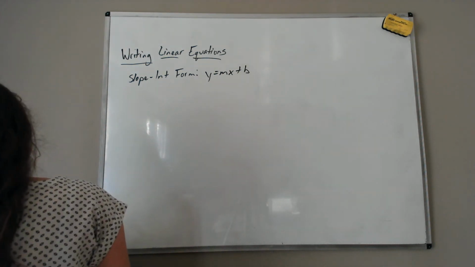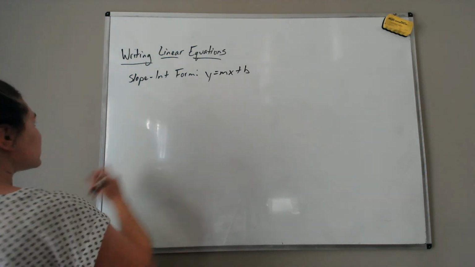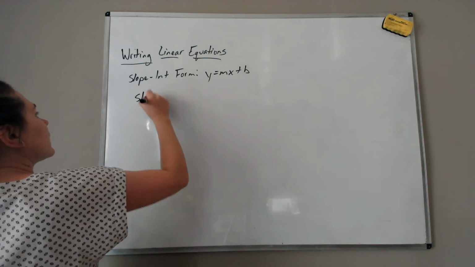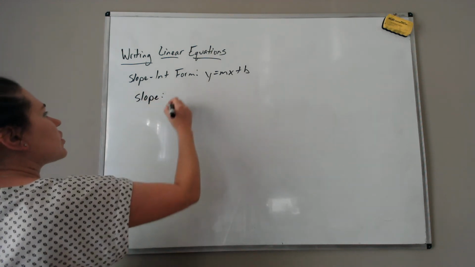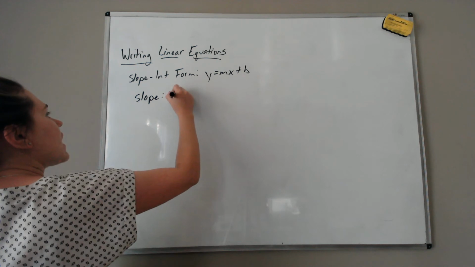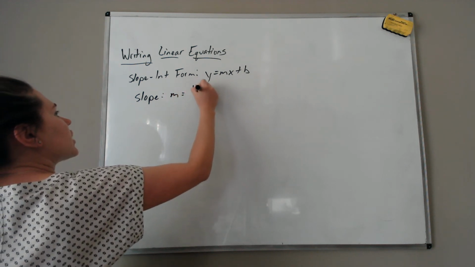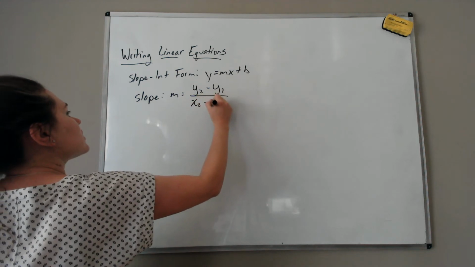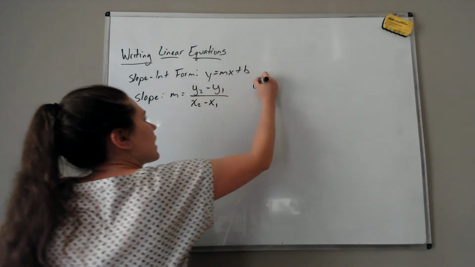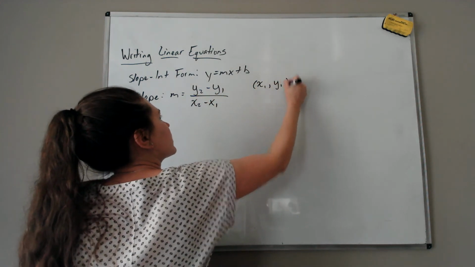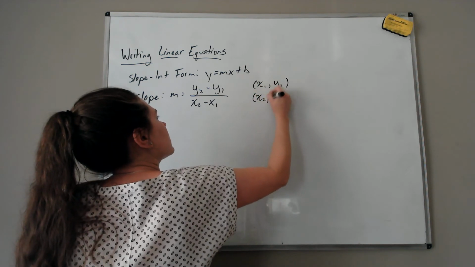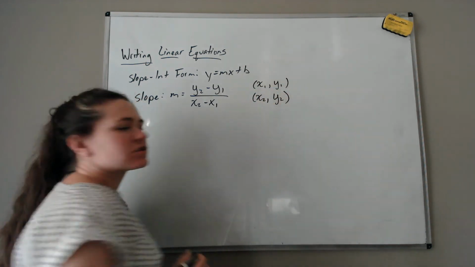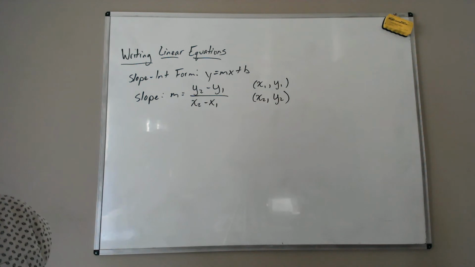And so remember how to calculate the slope of a line. To calculate the slope of a line, okay, m, you have to do the change in y over the change in x, which remember, that comes from 2 separate coordinate points that are on your line. So as long as you have 2 points, you can calculate the slope.